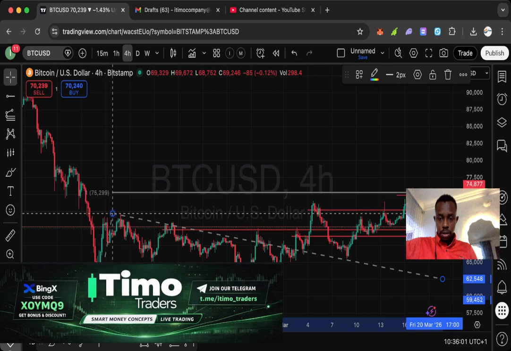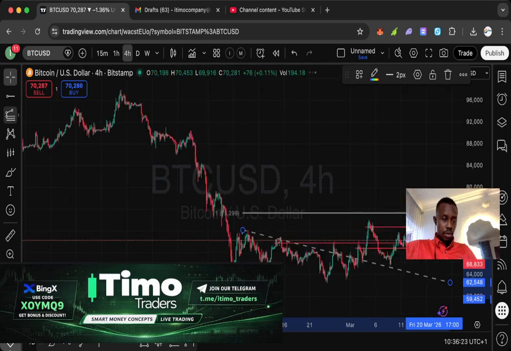Then we are also going to use another tool called the downtrend anchored VWAP. It's called downtrend because we are looking for a movement to the downside.